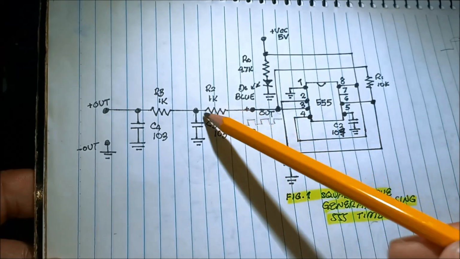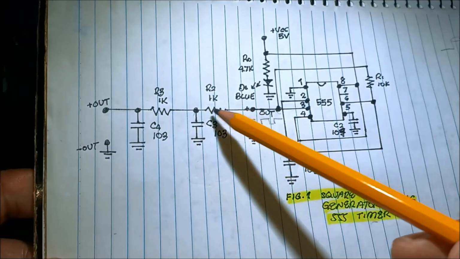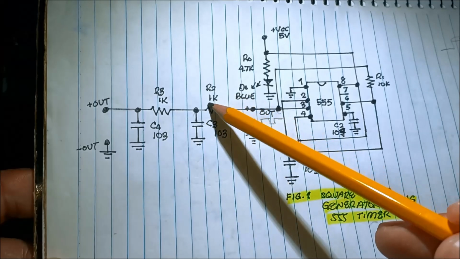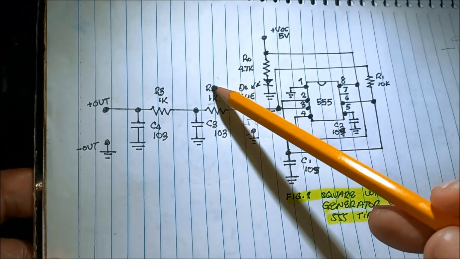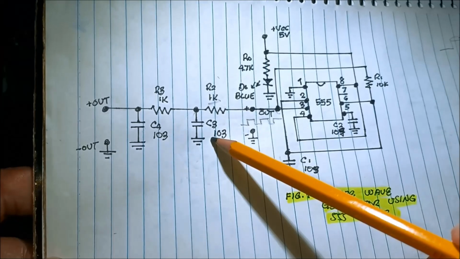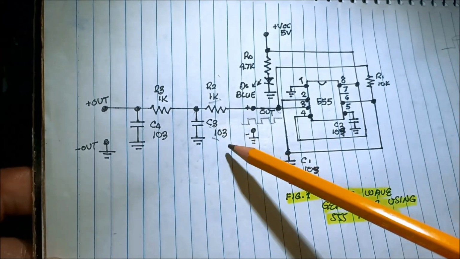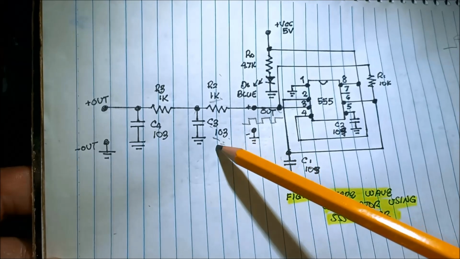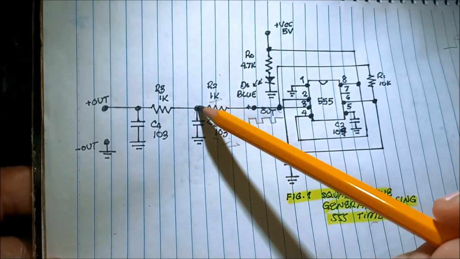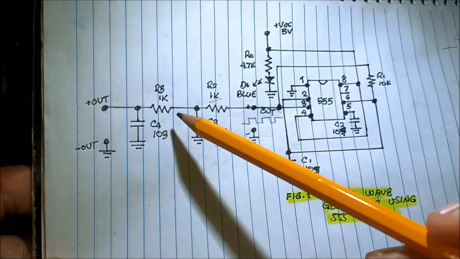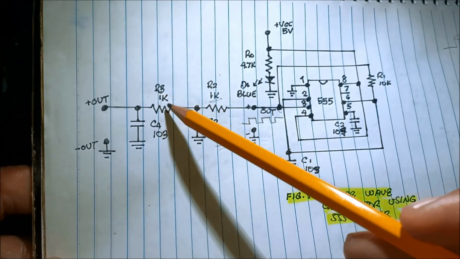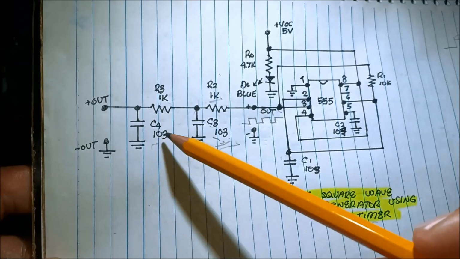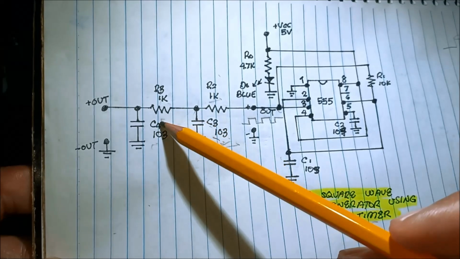So we need RC components composed of a 1 kilo ohm resistor and a 103 ceramic capacitor. This is 10 nanofarad, equivalent to 103. And the second stage of the output is a 1K resistor again and a 10 nanofarad or 103 capacitor.